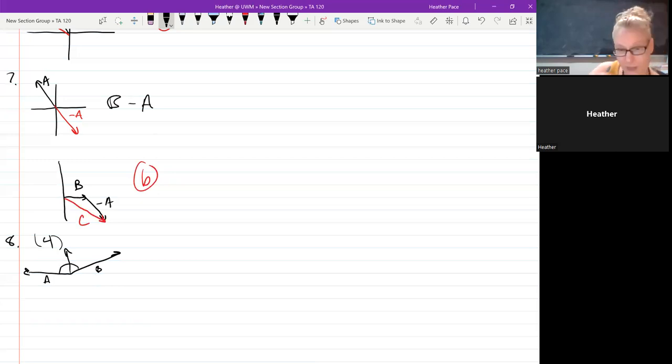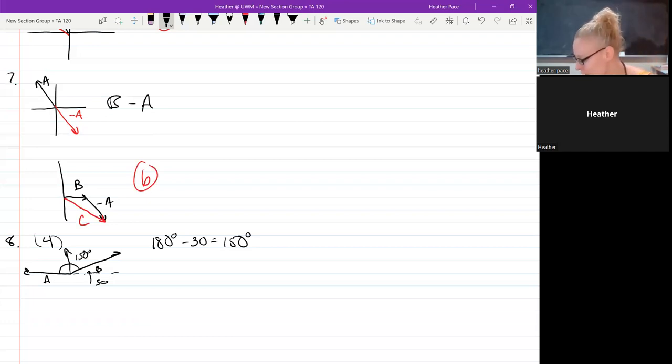And if a flat line is 180 degrees, we can figure out what that angle is by how they put 30 in here. These two angles have to equal 180. 180 minus 30 is going to give us 150. So number 4, the angle between A and B is 150.